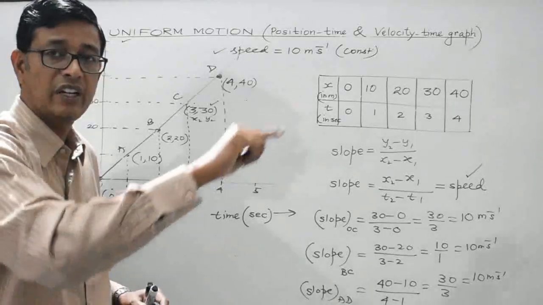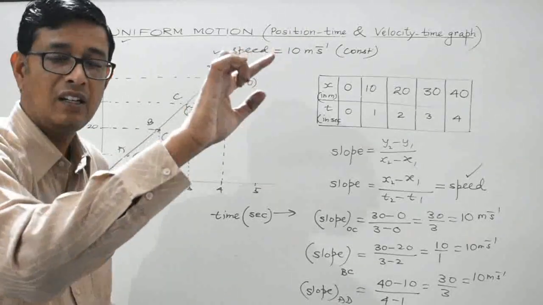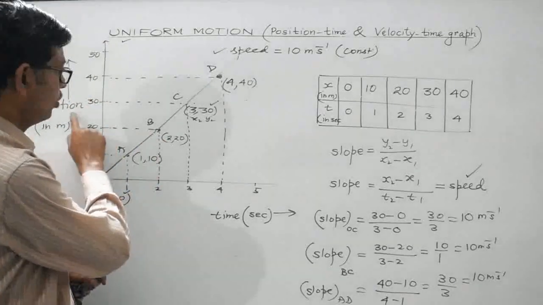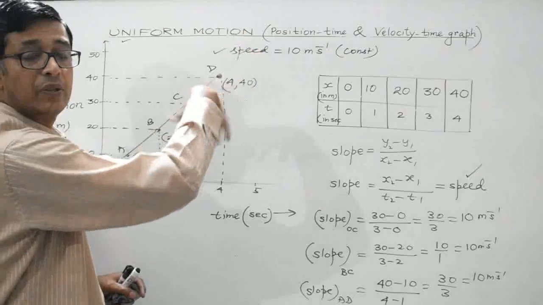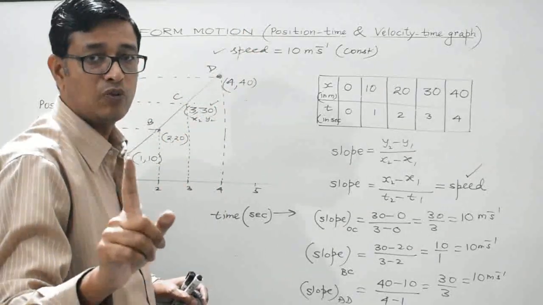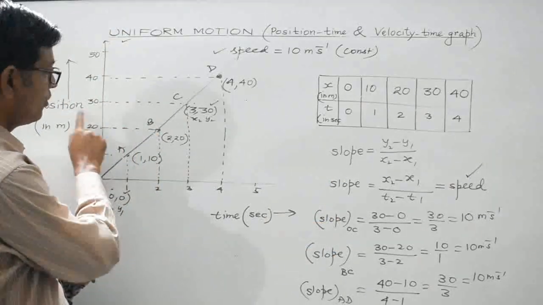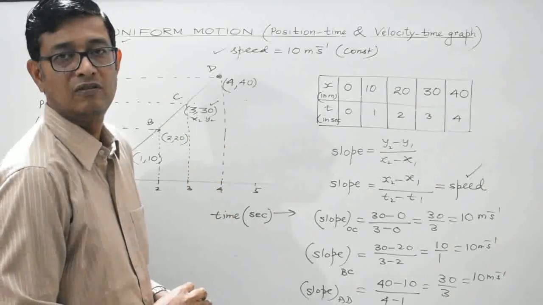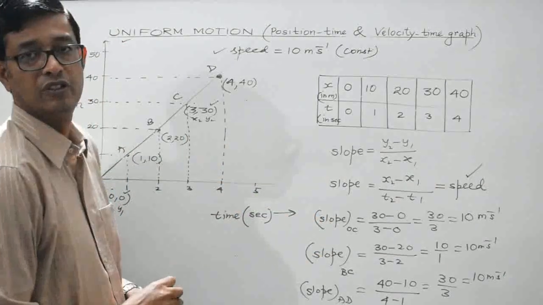If those 2 points are lying on a straight line, then its slope would be constant, right? So position time graph, it's a straight line representing constant speed. Second important point, what we have proved is the slope of position time graph will give us speed of the body.